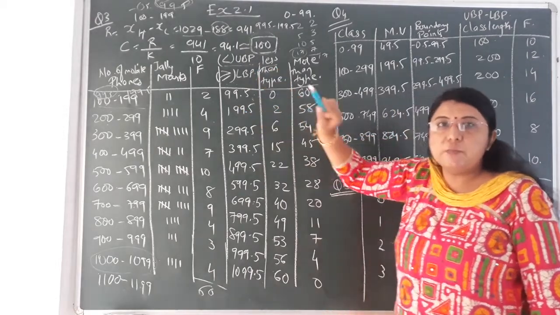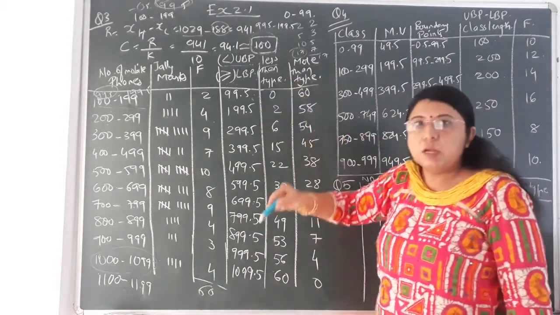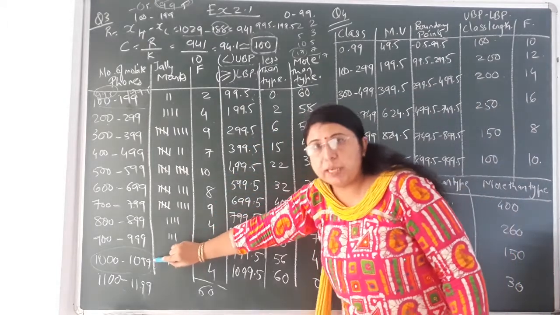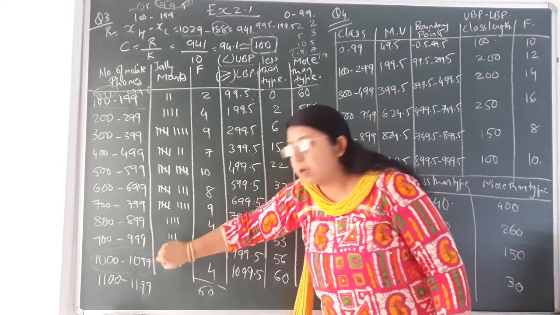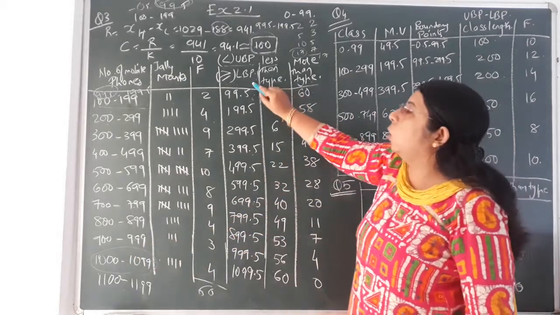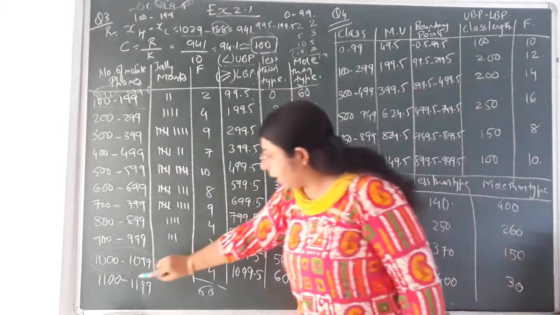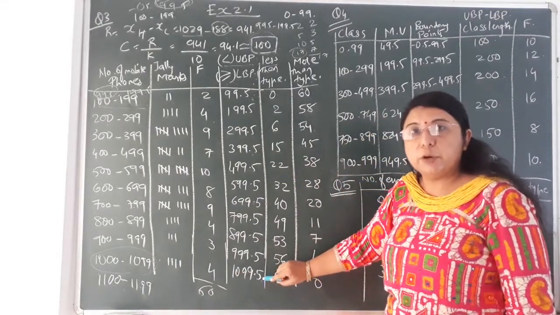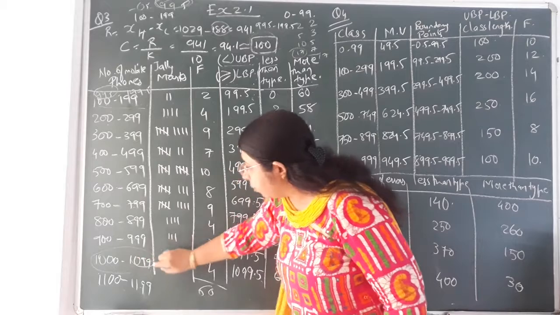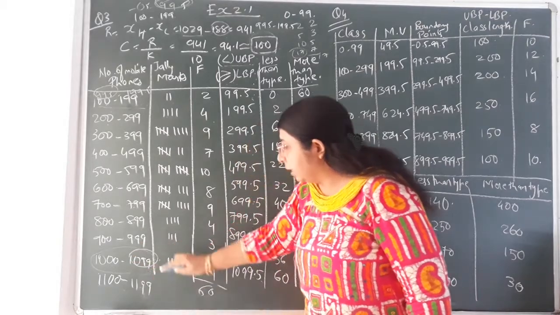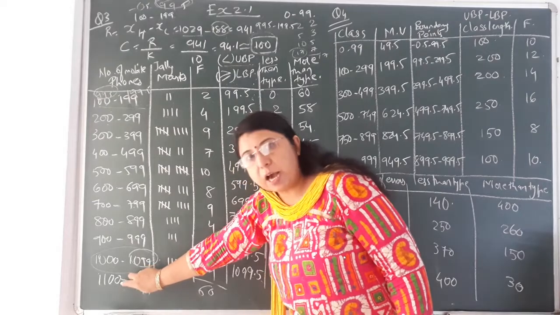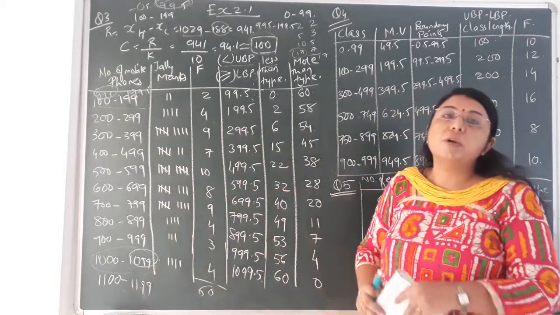In the same way, in the more than type, we have to extend to the next class after the last class and take its lower boundary point. So you can see I have taken the lower boundary point over here as 1099.5. Over here it is the upper boundary point only, but we have taken the next class, and in the next class this 1099.5 becomes the lower boundary point.